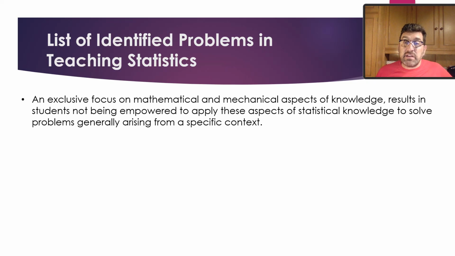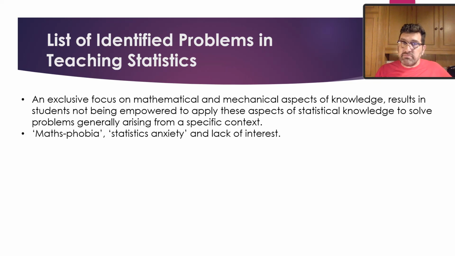As a result of that, they cannot work in contextualized situations, and make generalizations on statistical observations that they made, because the focus is purely on the mechanical aspects of their knowledge.